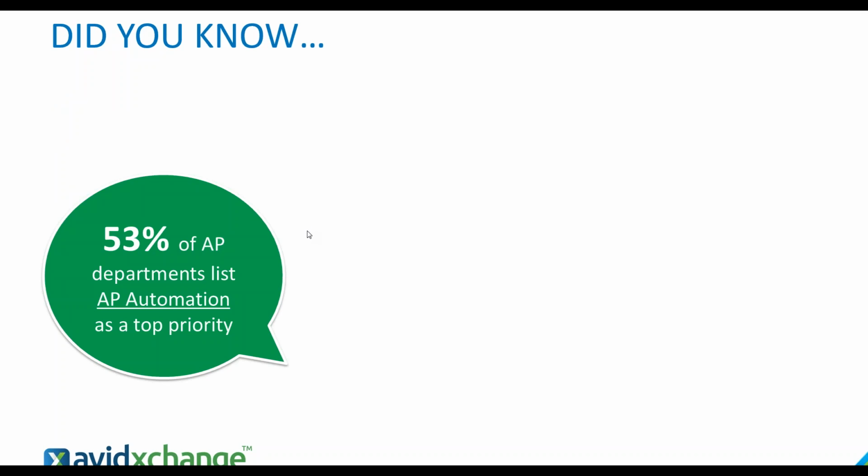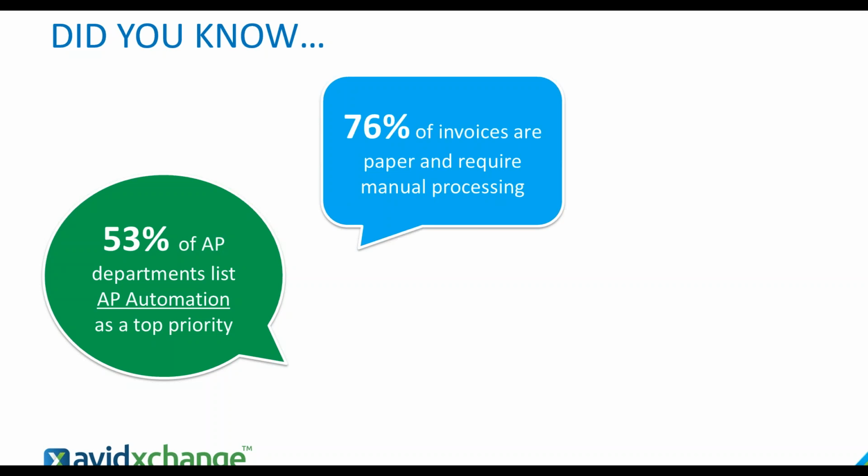First, let's just go over some digiknows, and this may be similar to some of your organizations today, but 53% of AP departments today list AP automation as a top priority. And so they're looking to get rid of the paper, they're looking to be more efficient, and there's all sorts of advantages that come with automating an invoice and payment process.